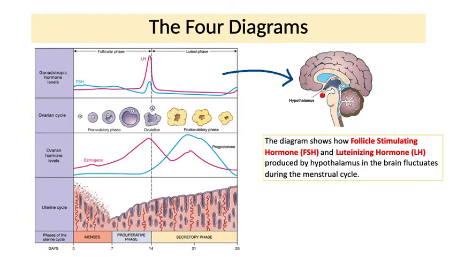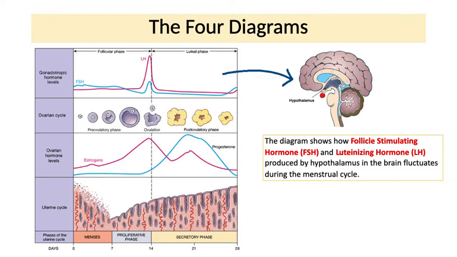So in this slide, you can see there are 4 different diagrams in this picture, and usually people use these 4 diagrams to illustrate what happens during the process of the menstrual cycle. The first diagram represents the two hormones produced by the pituitary gland in the hypothalamus of the brain.